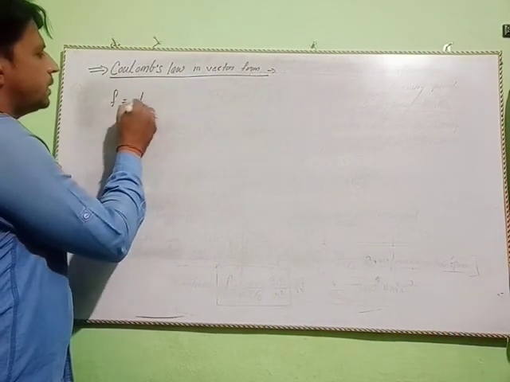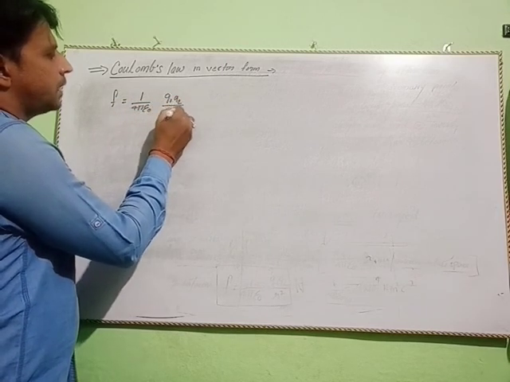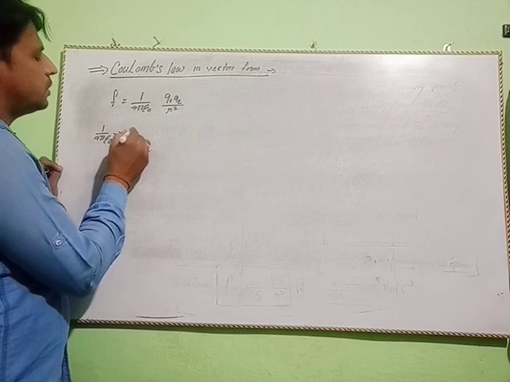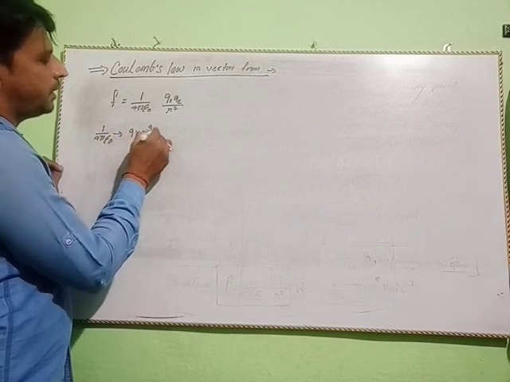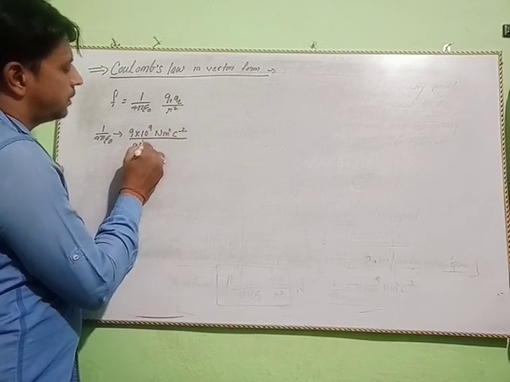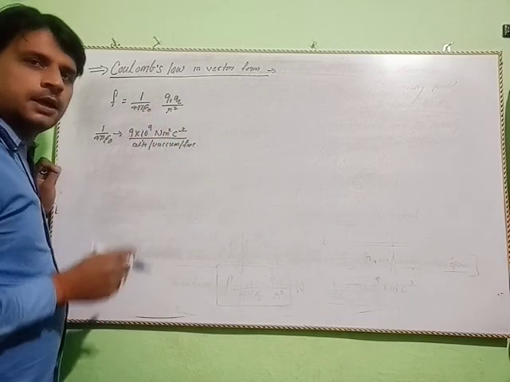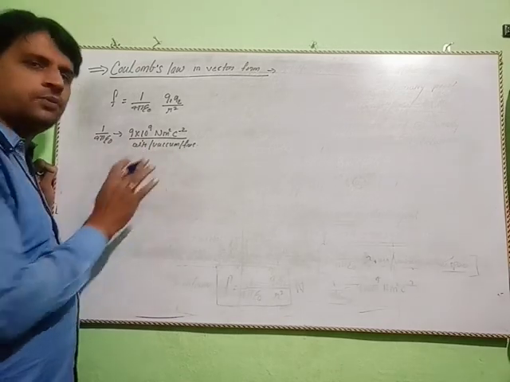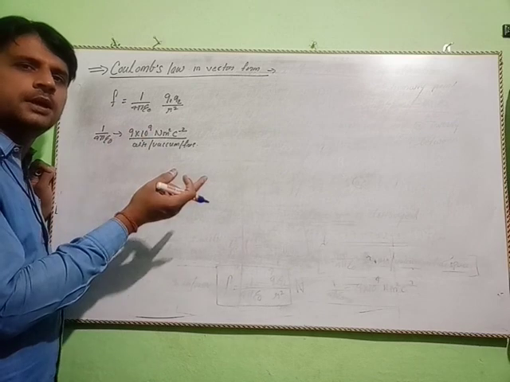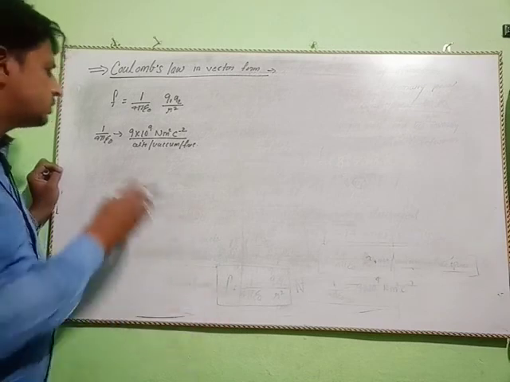F is equals to 1 by 4 pi epsilon naught q1 q2 by r square, where 1 by 4 pi epsilon naught is a medium constant and its numerical value is 9 into 10 power 9 Newton meter square per Coulomb square, and it is for air, vacuum और फ्री स्पेस। इट मींस अगर चार्ज एयर, वैक्यूम या फ्री स्पेस में होगा तो उनके बीच का जो मीडियम कांस्टेंट होगा वो होगा 9 इंटू 10⁹। अगर मीडियम चेंज हुआ, फॉर एग्जांपल इफ द चार्जेस आर केप्ट इन वाटर, this value will change.